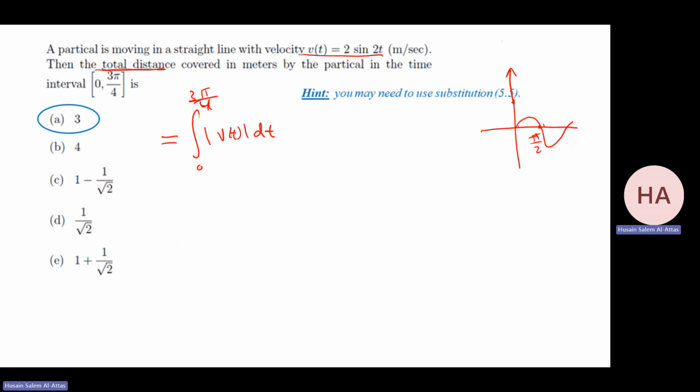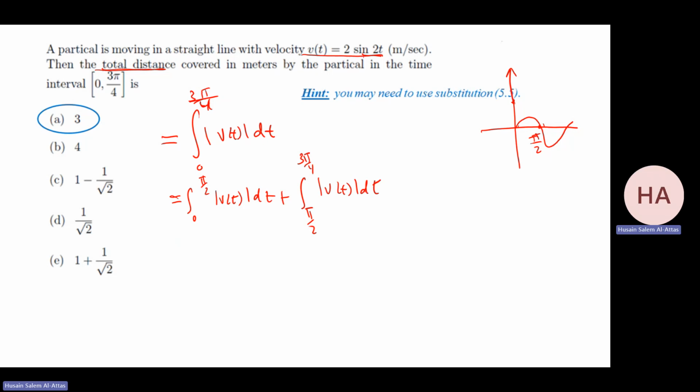That will be sine pi over 2. So I need to split it. It's between 0 to pi over 2, absolute value of v of t dt, plus pi over 2 to 3 pi over 4, absolute value of v of t dt, since I'm dealing with sine 2t.